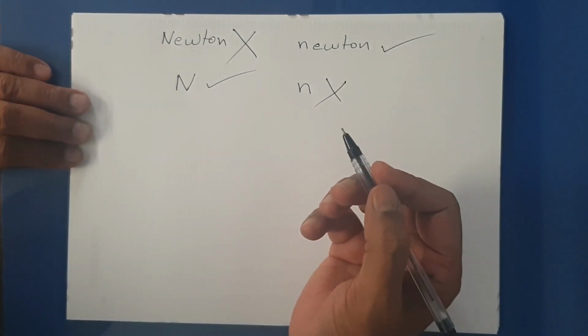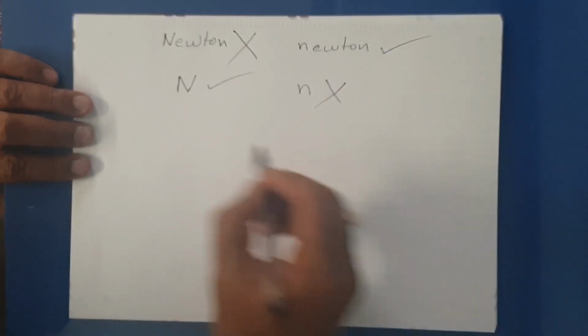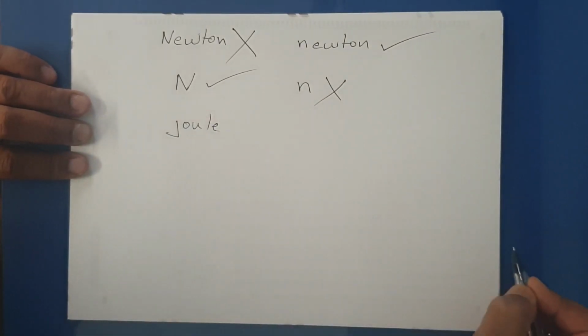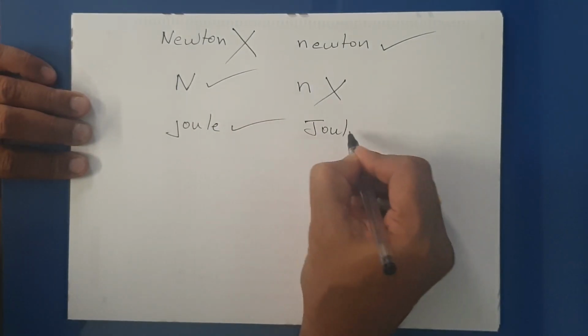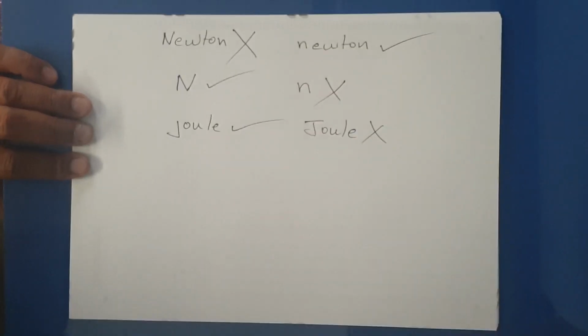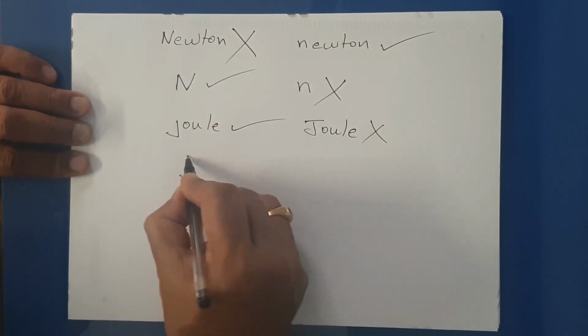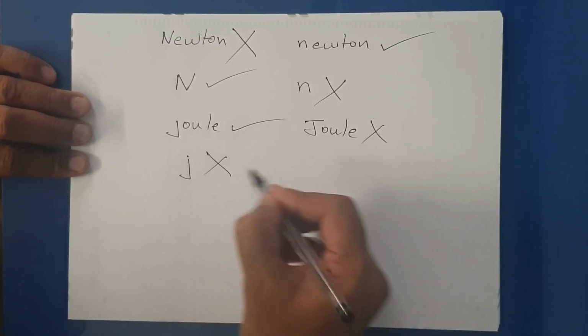So, another example of a unit named after scientists is ampere, as I have told you earlier. Joule, which is a unit of work or energy. joule is right. Writing Joule with a capital is wrong. Representing joule as a symbol with a small j is wrong.